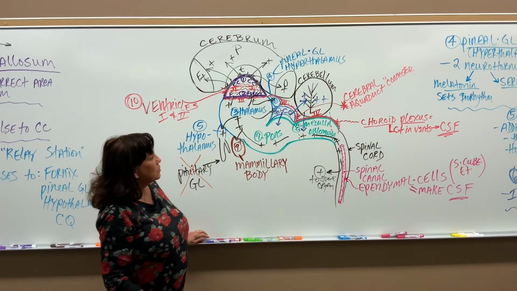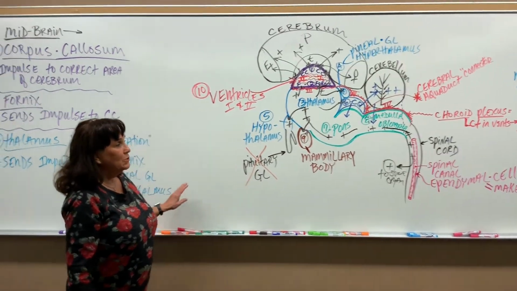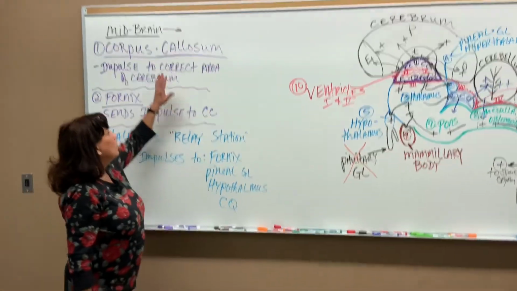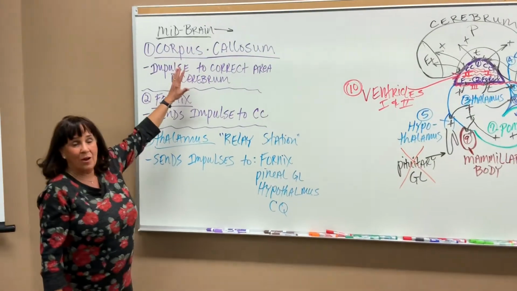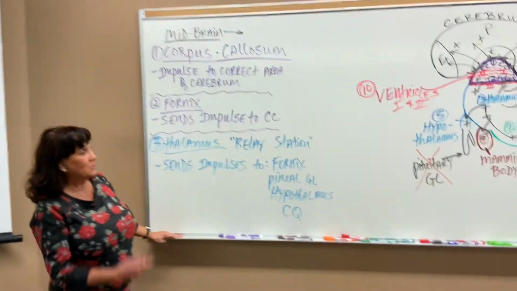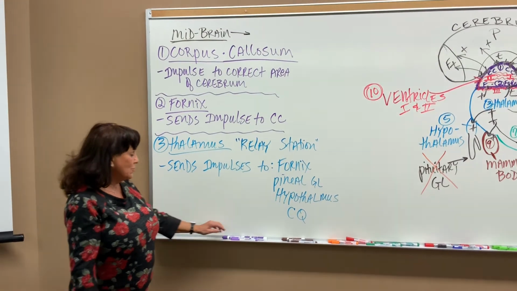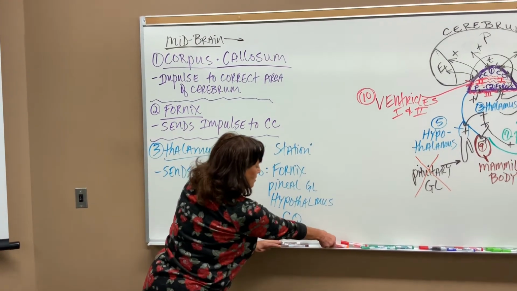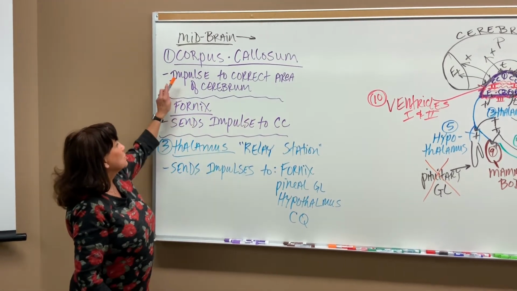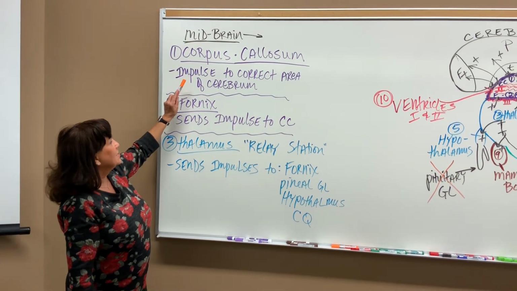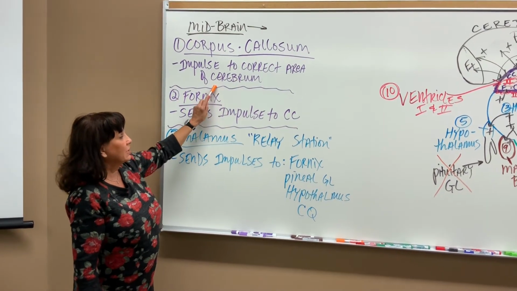So now, real quick, let's go through a review of what these 10 organs or structures do in the middle part of the brain. The first one is the corpus callosum, the CC, the arch, okay? The CC sends impulses to the correct area of the cerebrum.